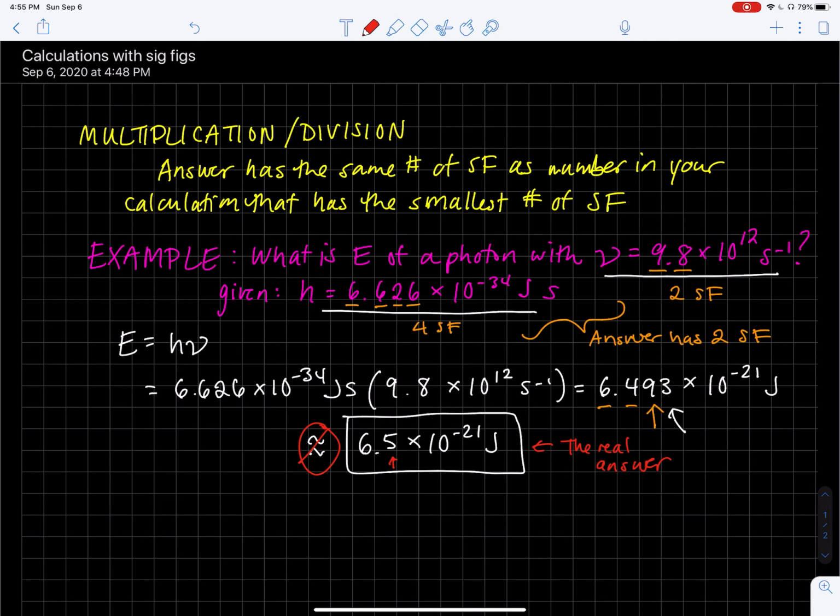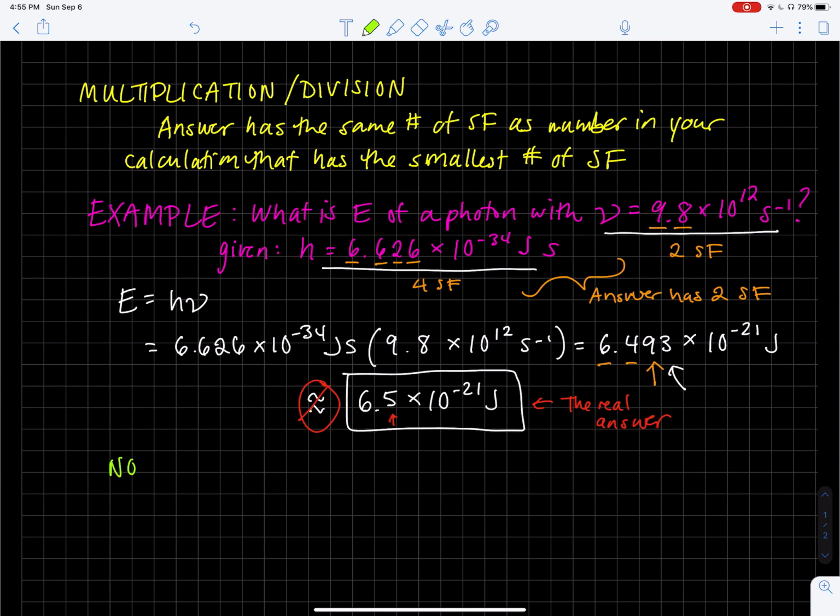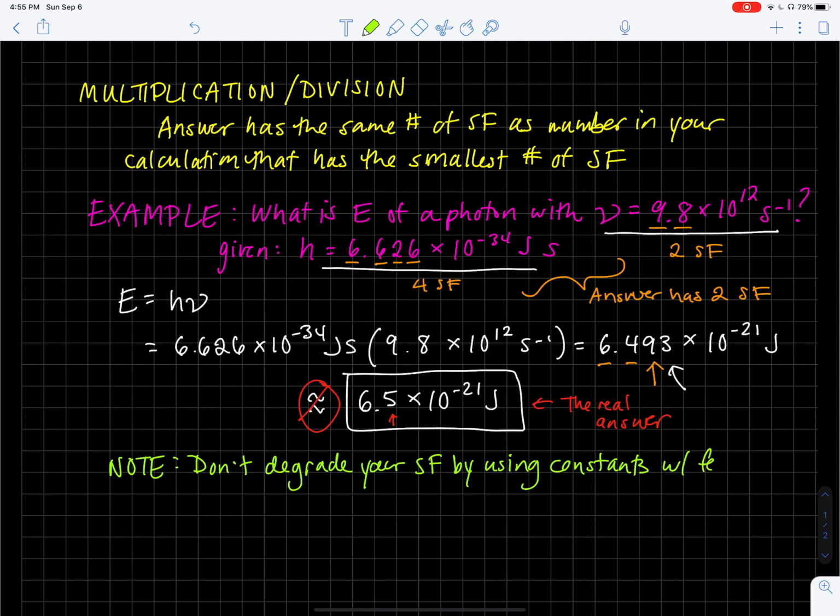I want to add a note here, which is something to pay attention to. So the note is don't degrade your sig figs by using constants with fewer sig figs than other numbers in the problem.